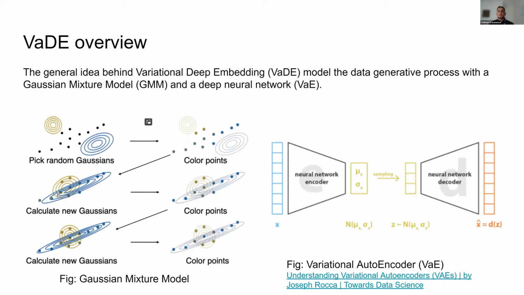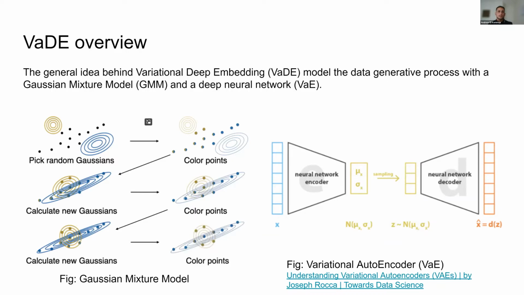And so the variational deep embedding models this generative process by using a Gaussian mixture model for clustering, and then a deep neural network that is based on the variational autoencoder. A Gaussian mixture model can take a series of points and then assign a number of Gaussians to those points based on their statistical distance relative to each distribution.